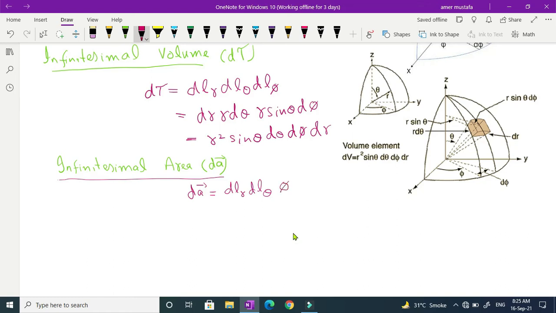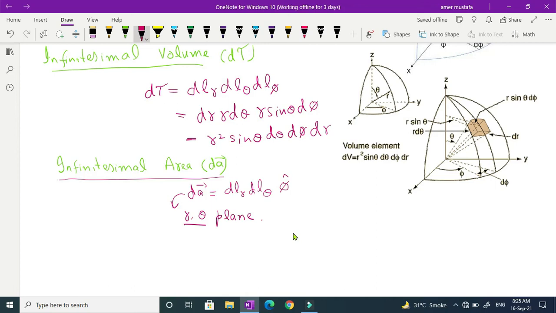In that case, phi will be the direction, because direction is always perpendicular to the surface area element. This is the case when this infinitesimal area lies in the r theta plane. This area has the direction along phi cap.